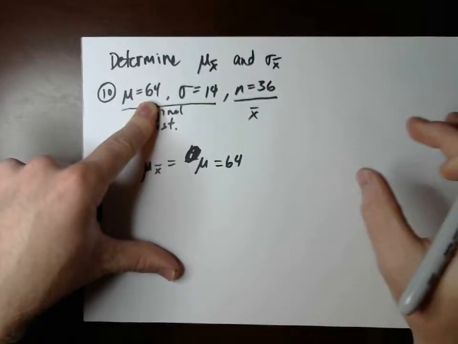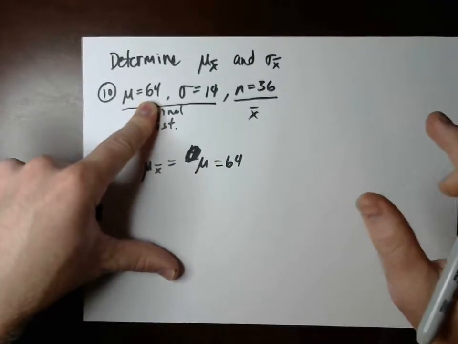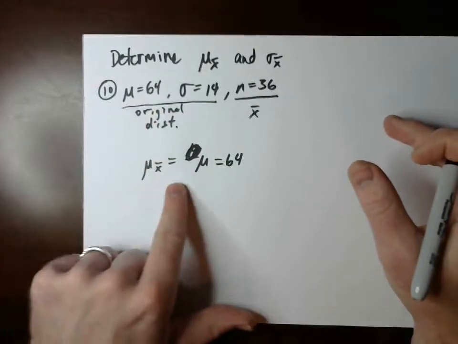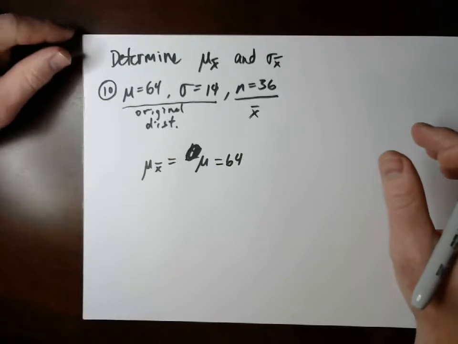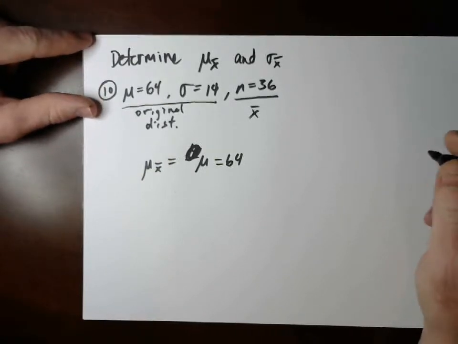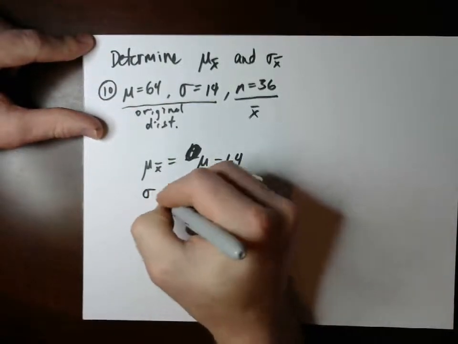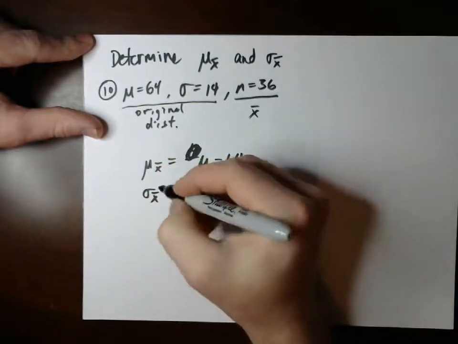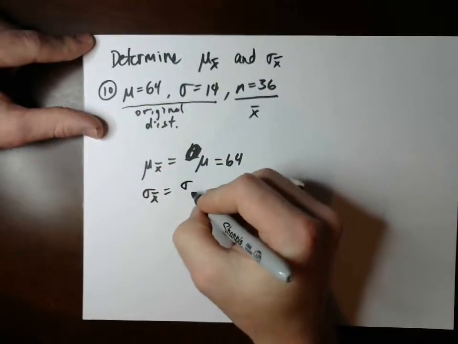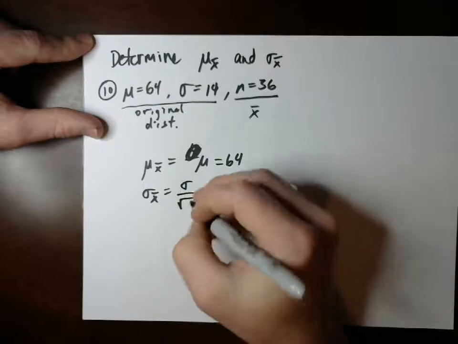You'd expect the average of all those x bars to be 64. That's what this is saying here, and hopefully you can visualize that with the previous page of what we did. Now, sigma of x bar is equal to sigma over the square root of n.